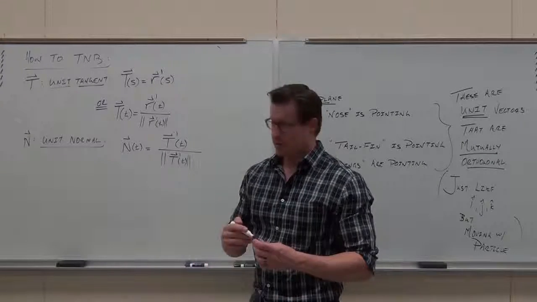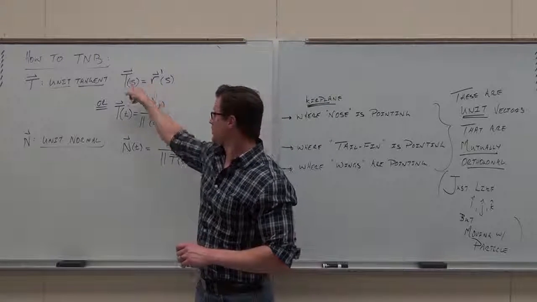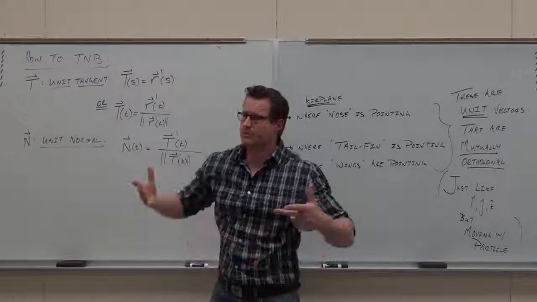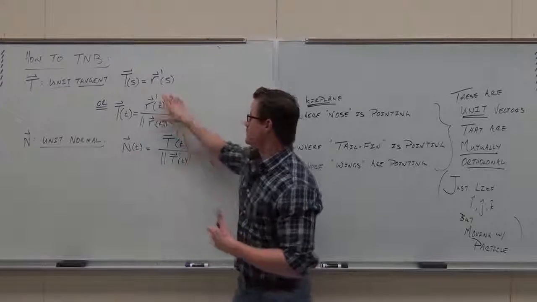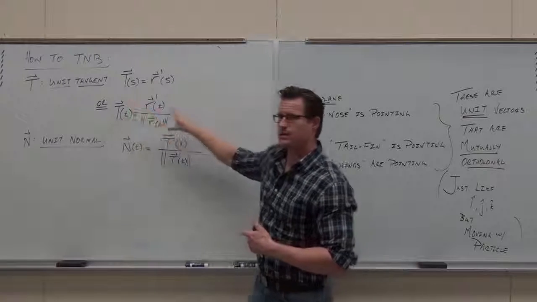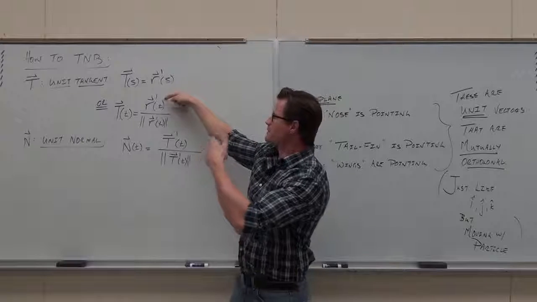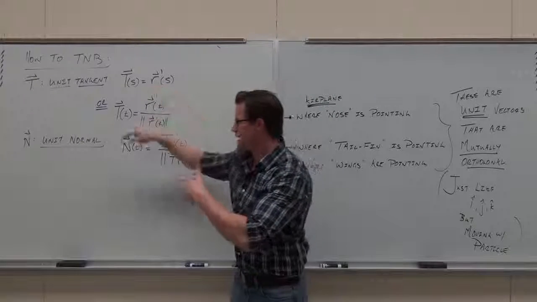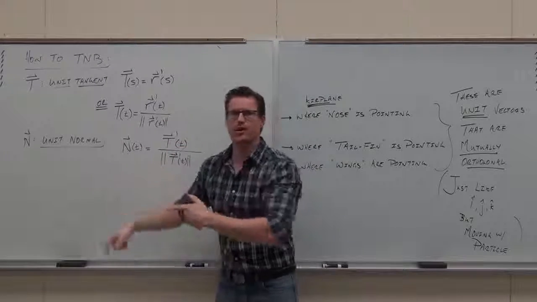If you've done this, it's the second derivative. That's what makes it easier. If you haven't, which we're not going to do a lot of, then we have to find the derivative of this thing divided by the magnitude of that thing. That's going to give us the unit normal. So derivative of vector function over magnitude gives us unit tangent. Derivative of unit tangent over magnitude gives us unit normal. Head nod if you're okay with at least the formulas.